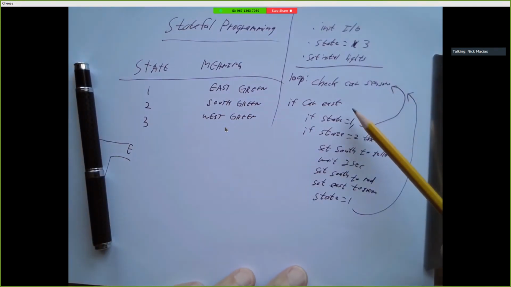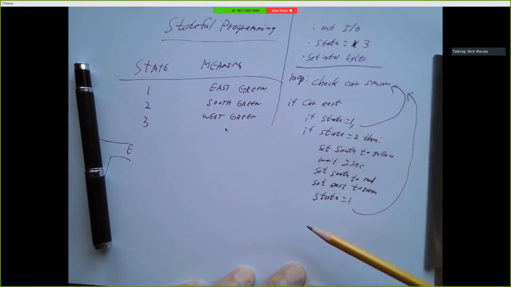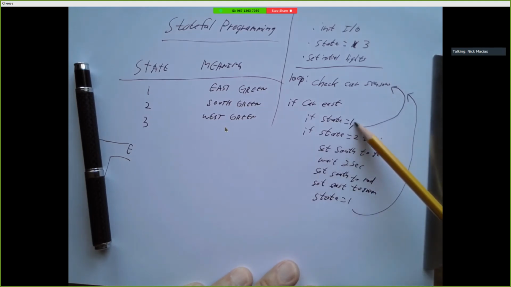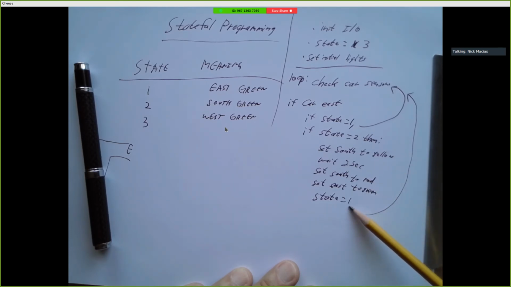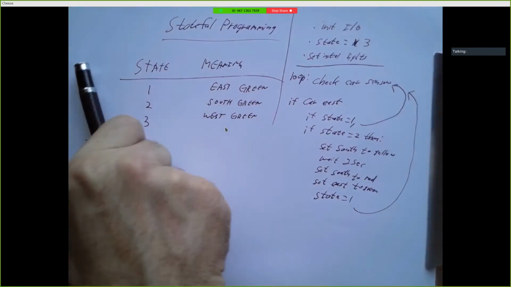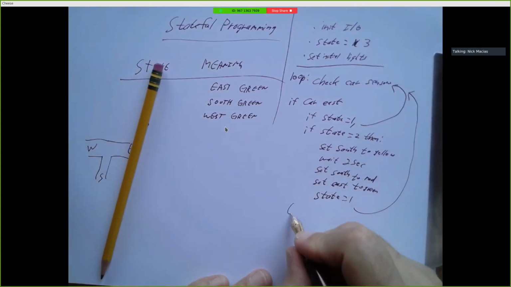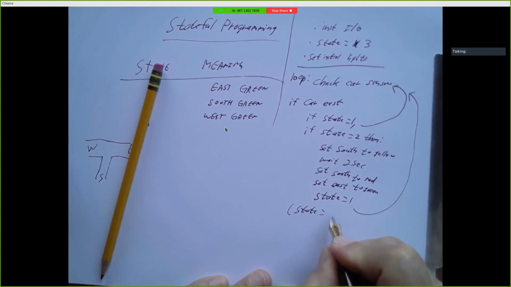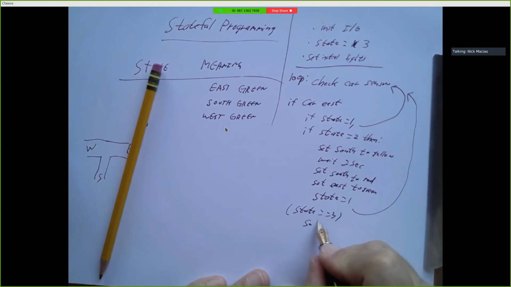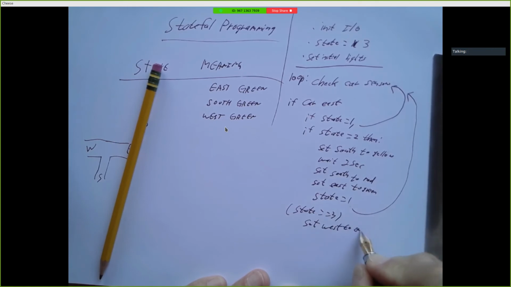Alright, so this is all if there's a car on the east. If I've already got my east green light, nothing to do. If south currently has a green light, change south to yellow, wait 2 seconds, then change south to red, change east to green, set my state to 1 to show that east is green, go back up to the top of my loop. Otherwise, my state must be 3, so set west to yellow.